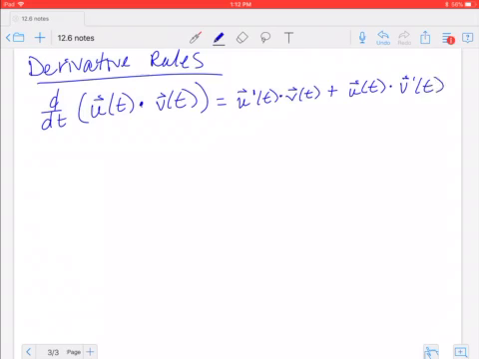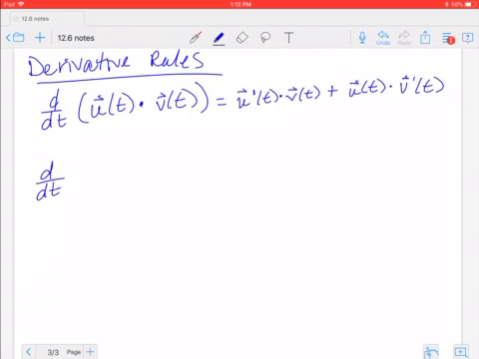So you're just dot producting that, right? Same thing. It's like the product rule, and whenever you dot product, you're finding the dot product of these two vectors to get that scalar value. Same thing happens with cross products.